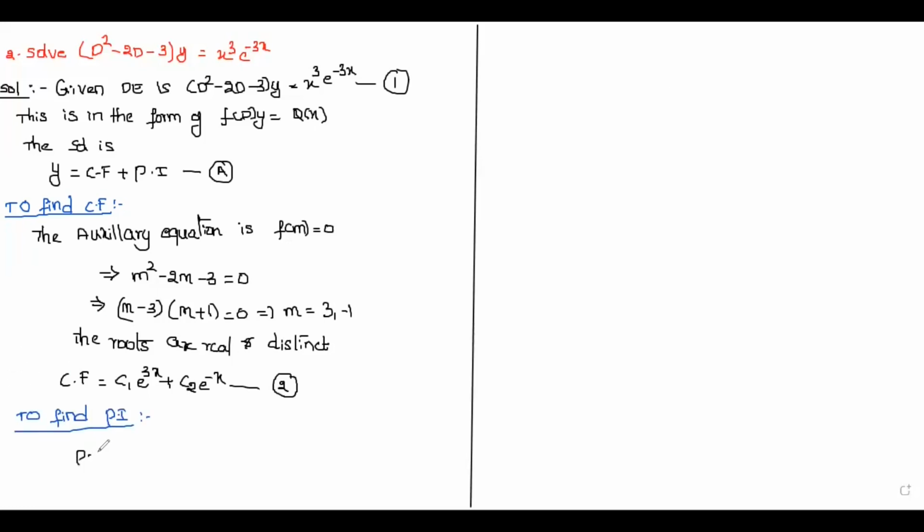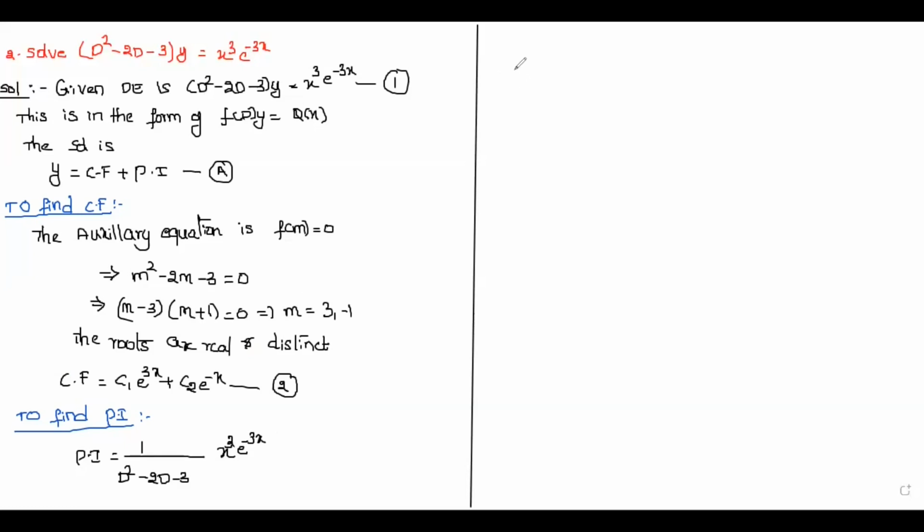Particular integral is equal to 1 by D square minus 2D minus 3 into x cube e power minus 3x.